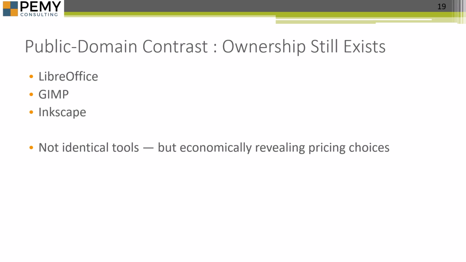In contrast, public domain or open software shows that ownership still exists in some models. Tools like LibreOffice or GIMP have no ongoing subscription fees. While they're not identical to commercial tools, they highlight that it's possible to have software without perpetual payments. It's a reminder that subscriptions are a choice, not a necessity.